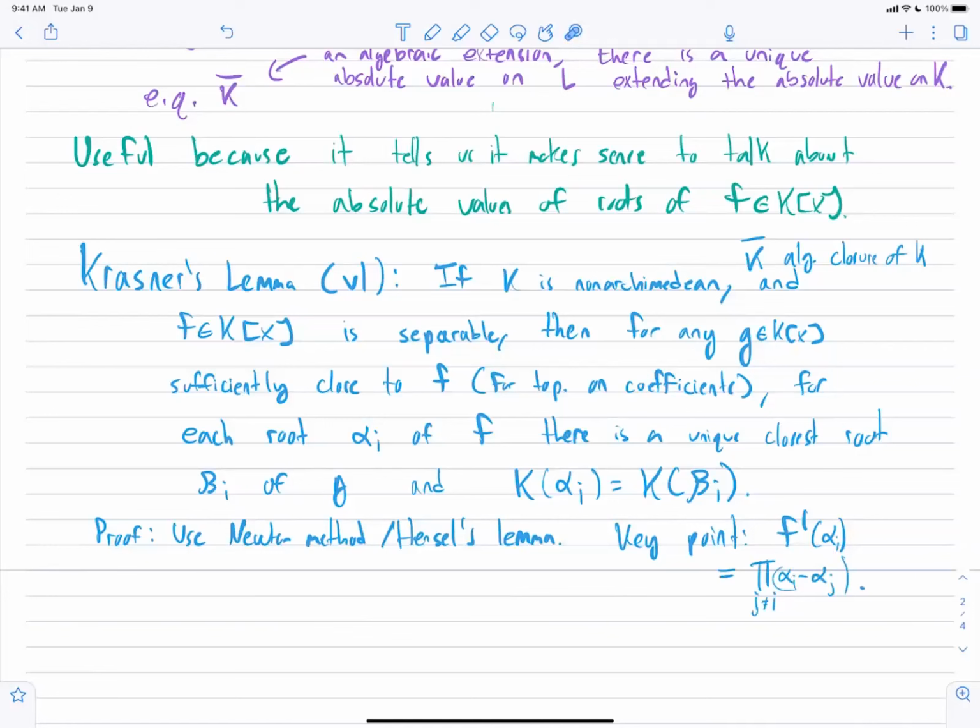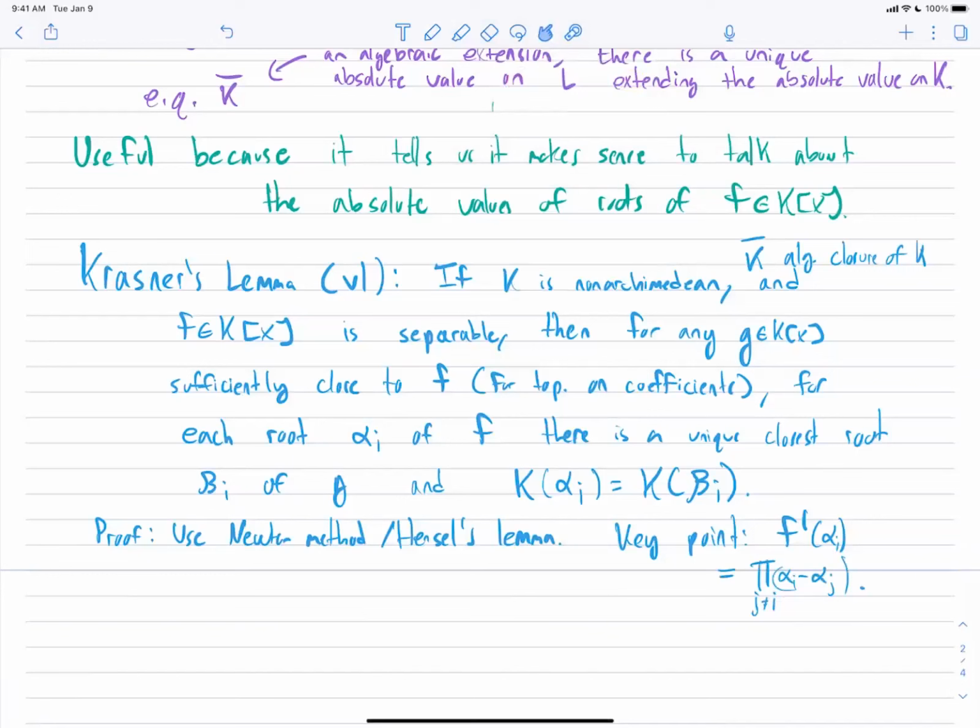You have to be slightly more careful in this, and you have to work out the details, but that's some other point. So the distance between roots shows up in the derivatives.